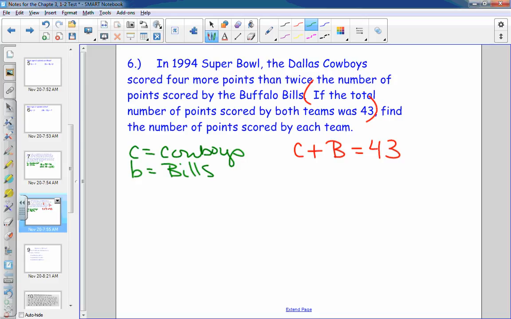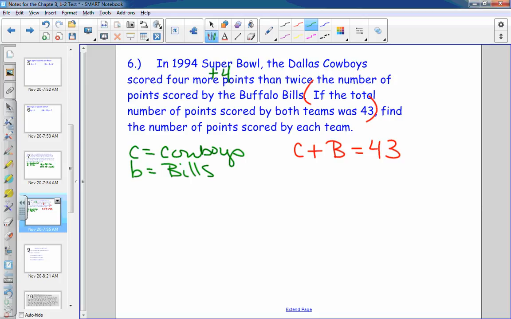However, I ignored the very first sentence, so we need to go back and look at that sentence. It says the Cowboys scored 4 more points. 4 more means what operation? Well, that's going to indicate plus 4. Then twice the number of points the Buffalo Bills scored. Well, do we know how many points the Bills scored?